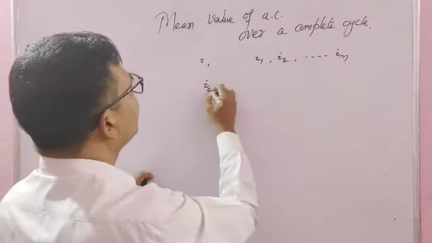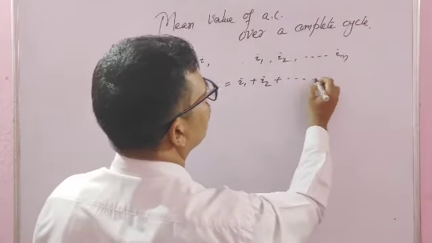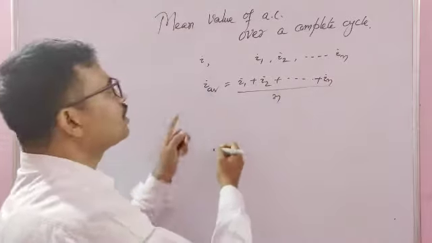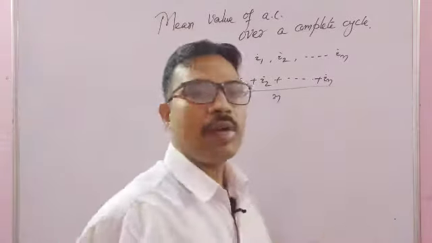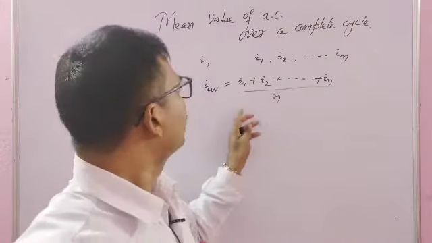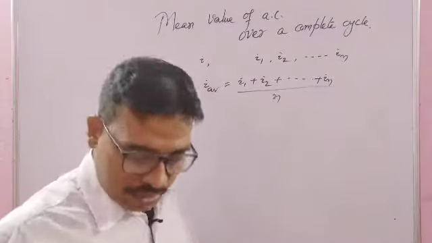So I average, that you know, is I1 plus I2 plus dot dot dot, divided by how many times you have taken, N times. That you know, the average value from the junior class. But here how can you derive?